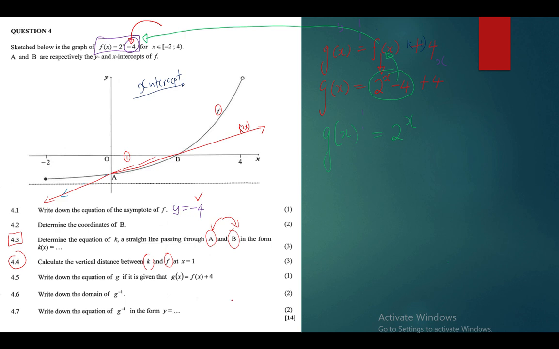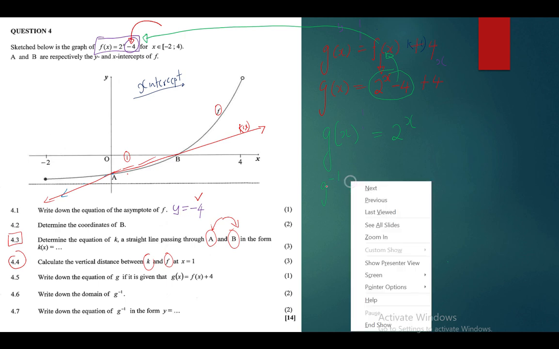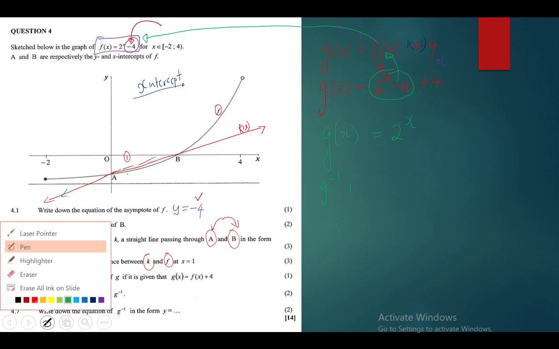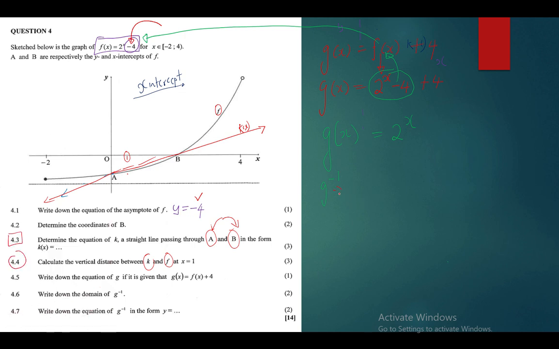Now they want the domain of the inverse of g. When they say g to the power negative 1, it implies the inverse of g, not the derivative of g. You need to be careful. g to the power negative 1 is the inverse of g.